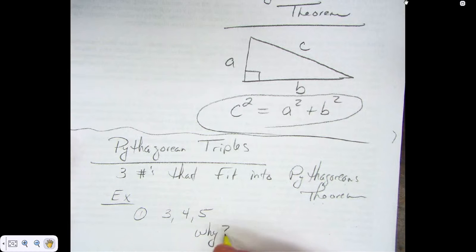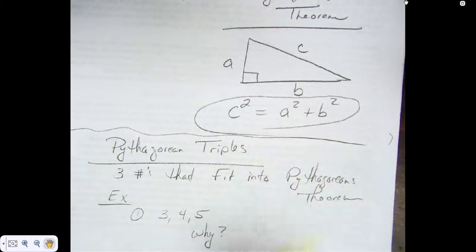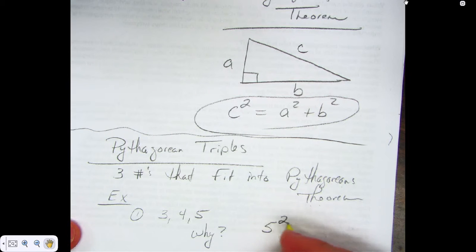Why is it a Pythagorean triple? Why do you think, guys? Fits into this. Well, how do I know which one's C? C's the biggest number, isn't it? So with that in mind, 5 squared would have to equal what? 3 squared plus what?